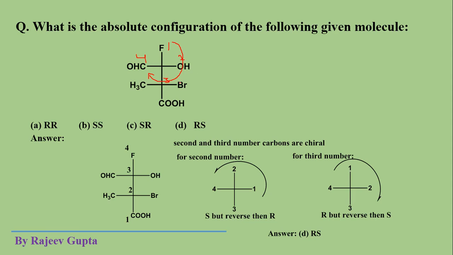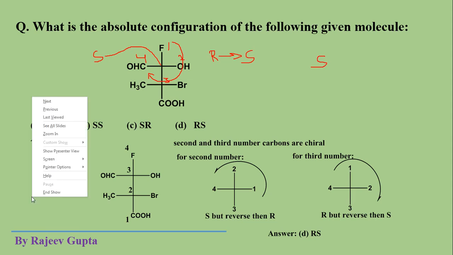A clockwise arc, so we should get capital R. But the fourth priority group is situated on the horizontal line, so we will reverse the result, and we get S. So actually this first one has S configuration.